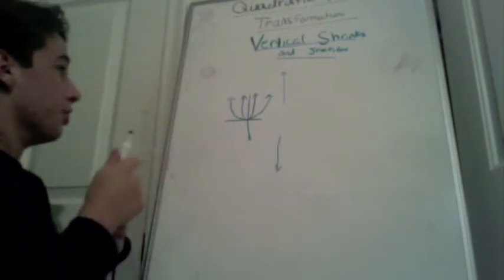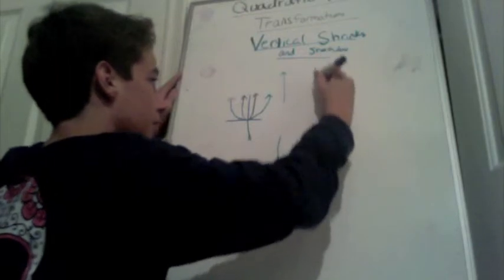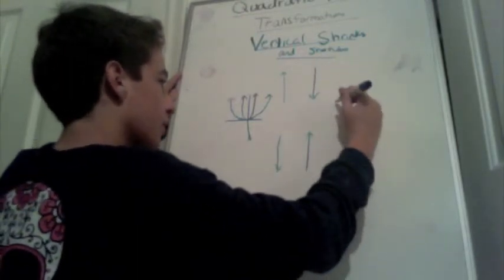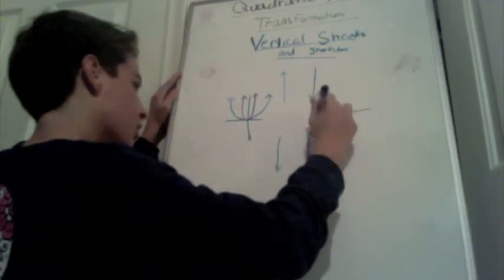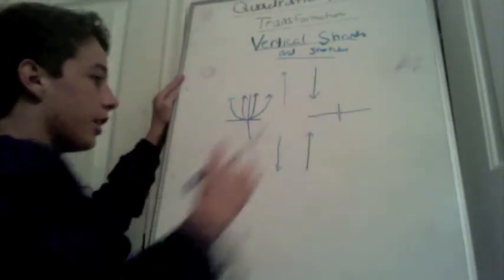Before I get into equations, let's look at vertical shrinks too. Imagine that you're shrinking it vertically. You're pushing it together, like that. The parabola would look something like that.